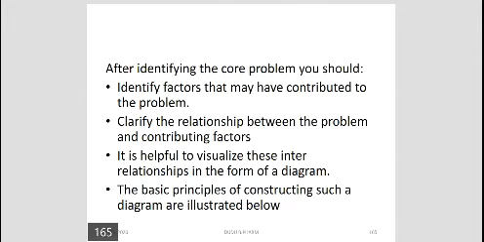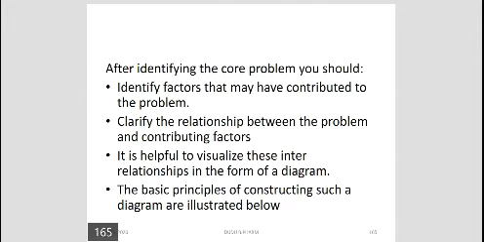The area where we can find viruses and the living style, or the lifestyle, of the human being can be a contributing factor to the problem.